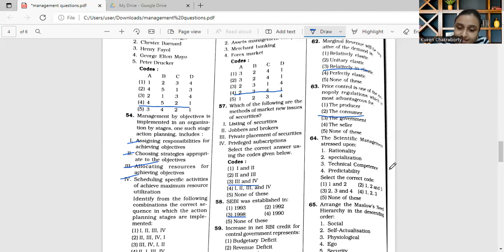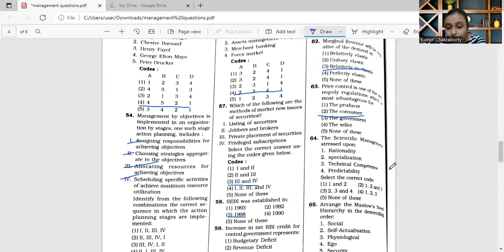It emphasized that improvements at the lower levels of the company are more important than the top management. It also studied the relationship between the physical nature of work and the psychological nature of the workman, and stressed specialization, predictability, technical competence, and rationality for improving organizational efficiency and economy.